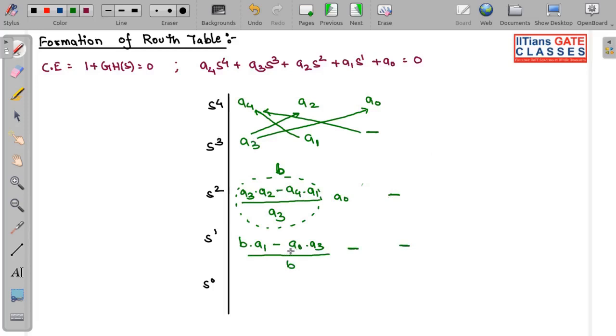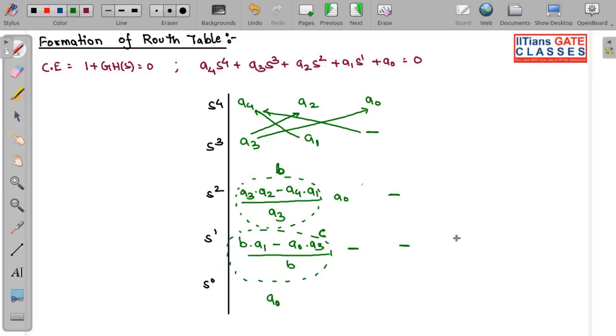Now the last element: if this is c, then last will be c dot a0 divided by c. So this will be a0. Like this we fill the Routh table.